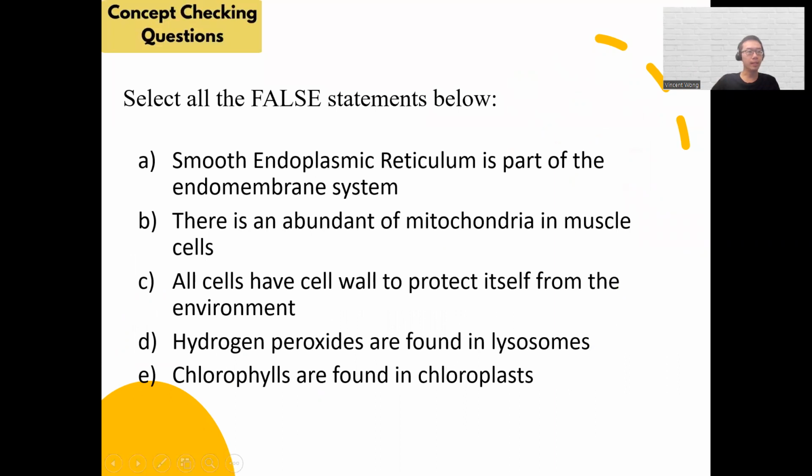Okay, this is a poll question. Why don't you read that, and we will launch the poll in a second.